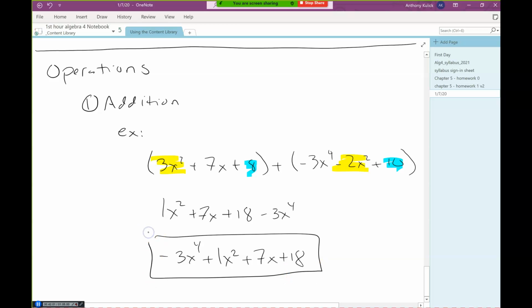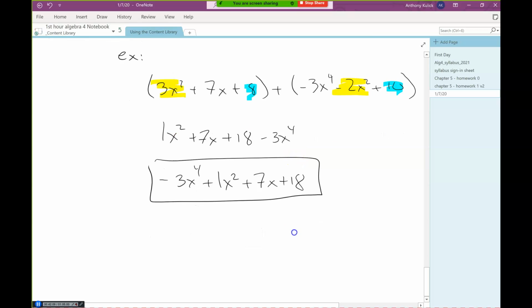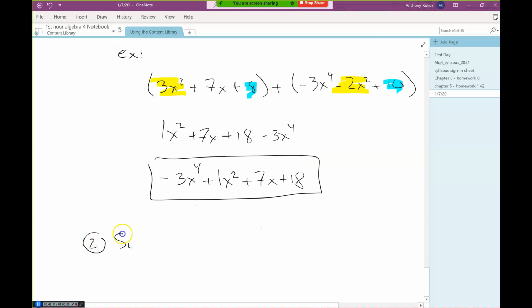So that's all there is to it for addition, right? It just basically comes down to combining like terms. No big deal, right? Okay. So I'm going to do the exact same problem, but turn it into a subtraction problem.